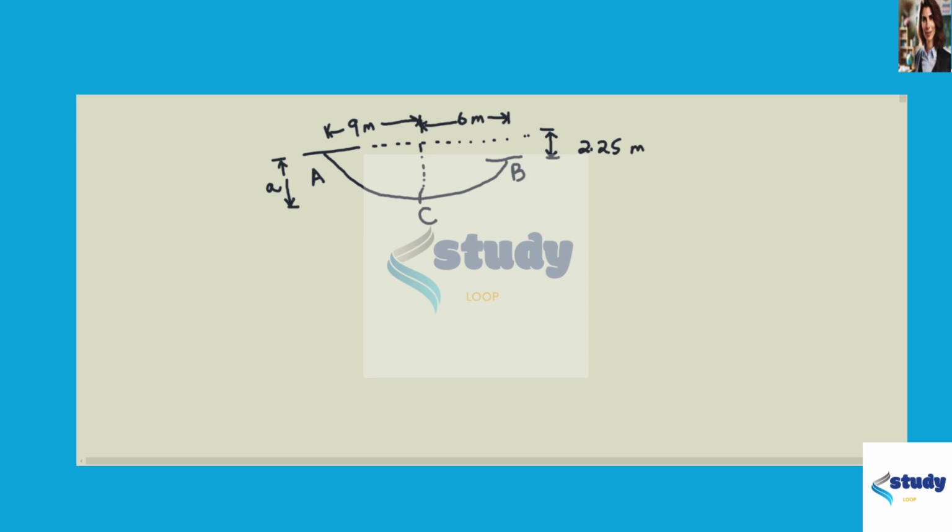A uniformly distributed load is acting on the cable, and the mass per unit length of the cable is 60 kilograms per meter.